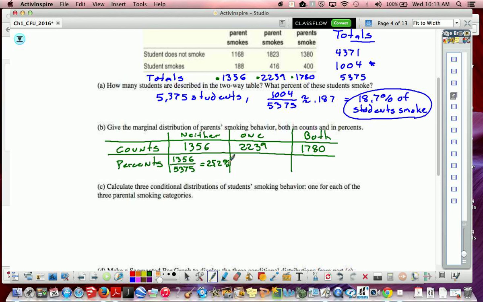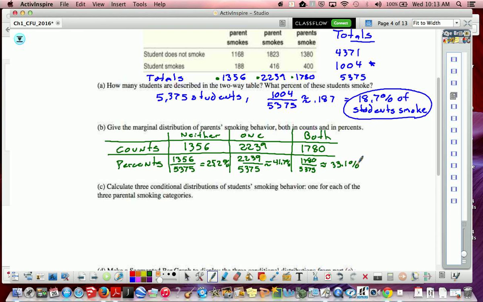Again, I'm rounding, so then 2239 divided by 5375 is about 41.7%. And then last but certainly not least, 1780 over the 5375 gives me about 33.1%.